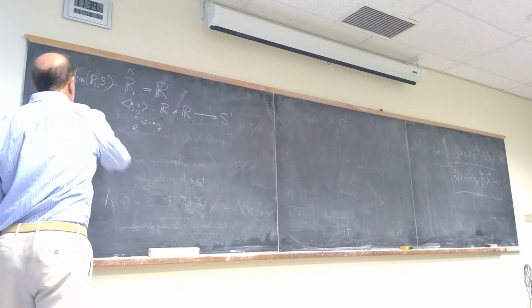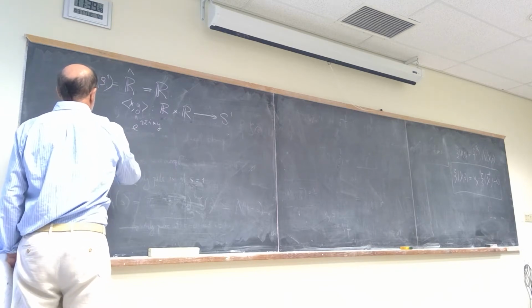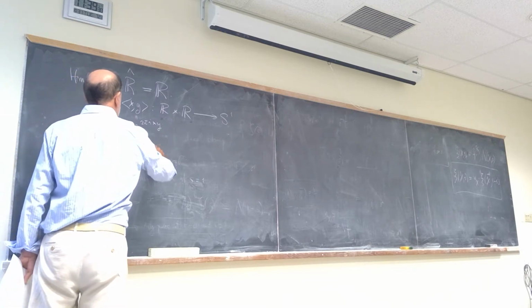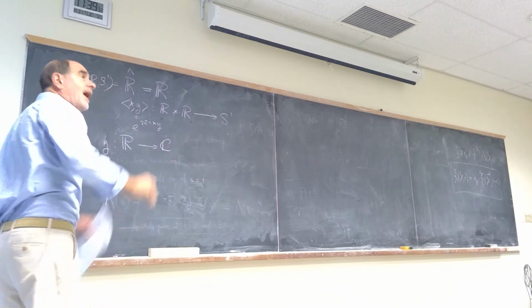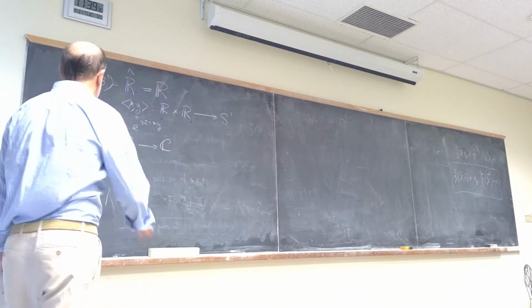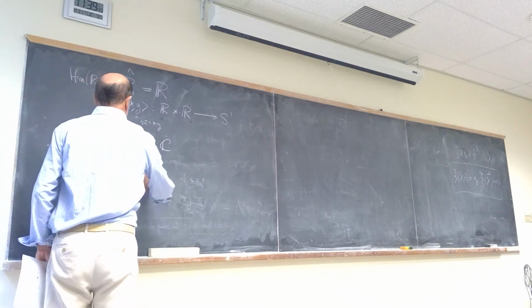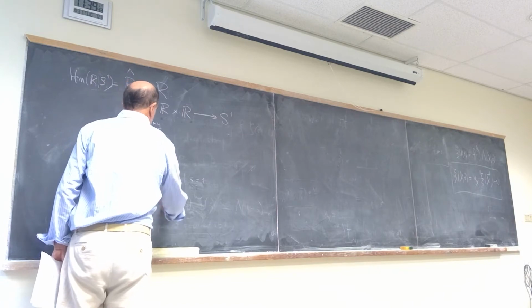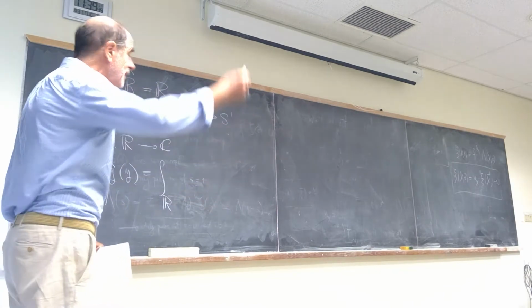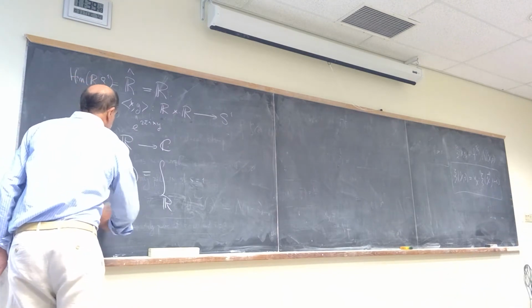And so if you have a function on the reals, I think I called it g last time, from R to C, and it has sufficient decline so that you can integrate it against characters, then you define the Fourier transform at a variable y as the integral over R, so that's the integral from minus infinity to infinity. That's why the function has to decay quickly at the boundary points.